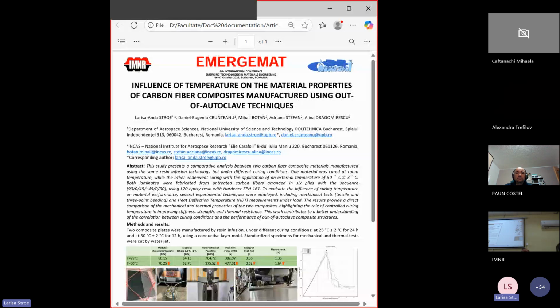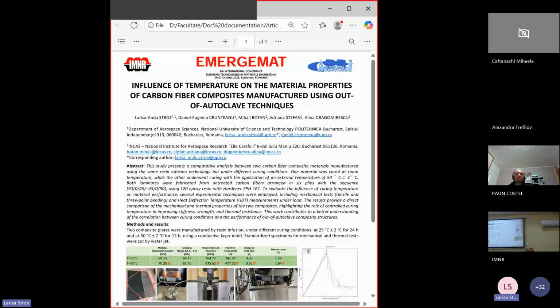Both laminates were made from untreated carbon fibers, arranged in 6 plies with a 90-0-45 degrees layup using L20 epoxy resin with hardener 161. The first plate was cured at 25 degrees for 25 hours, and the second one at 50 degrees for 12 hours.